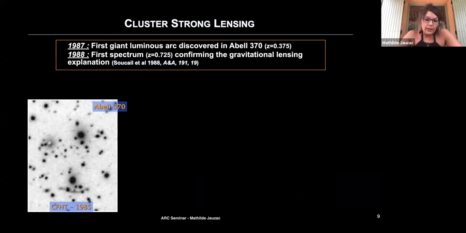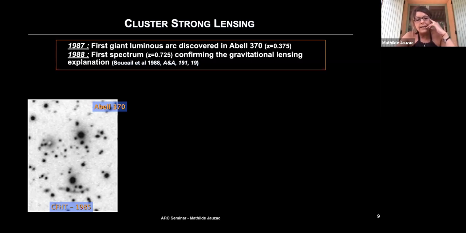On the left here, you can see the CFHT image on which the team worked. And you can see in the southern part, I'm sorry, you can't see my mouse, this extended feature that is a bit curved down to the bright galaxy.